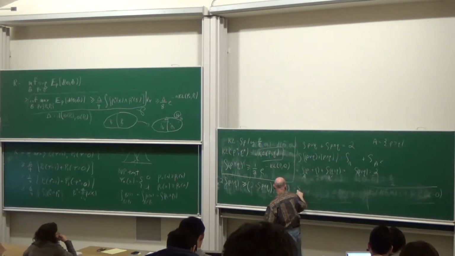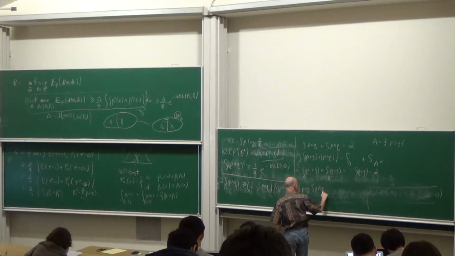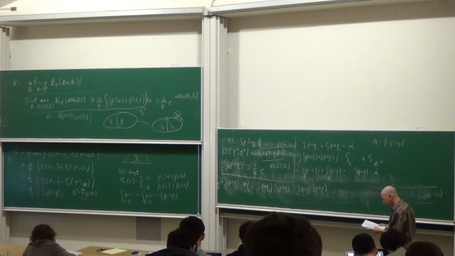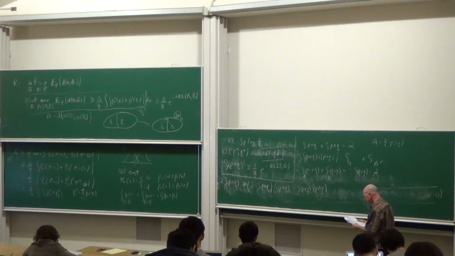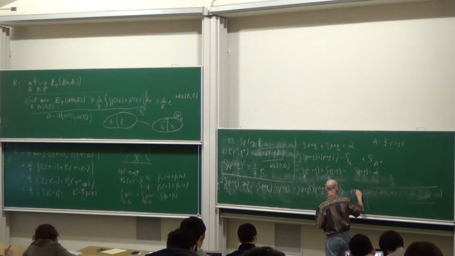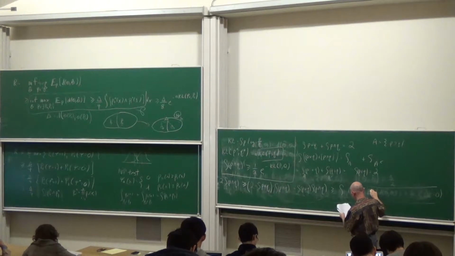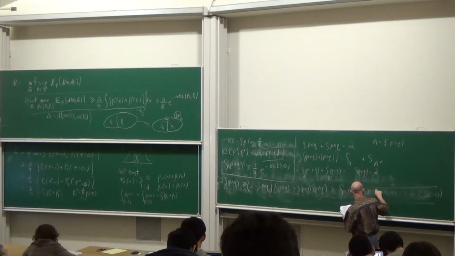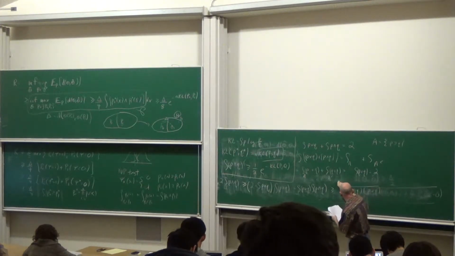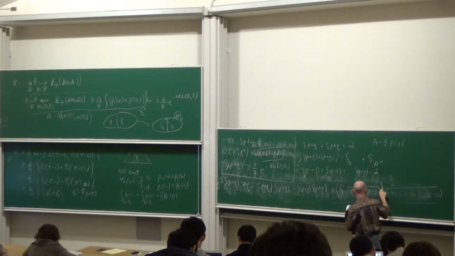So that's the integral of P max Q times the integral of P min Q. All right, and now I claim this is bigger than or equal to the integral of the square root of P max Q times P min Q, all squared. Why is that?